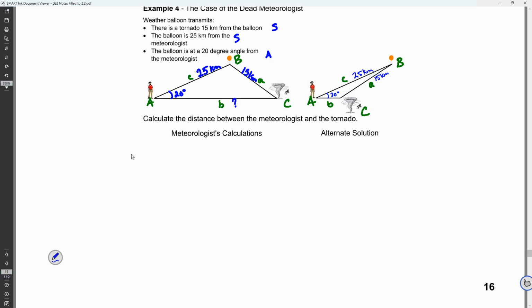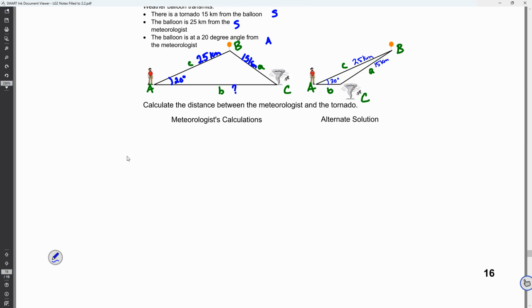Okay, let's calculate this. We're going to go off the meteorologist calculations, which means we're going to go off the first part. We're solving for B here. We're solving for side length B, but we don't know angle B, which means we can't use that.